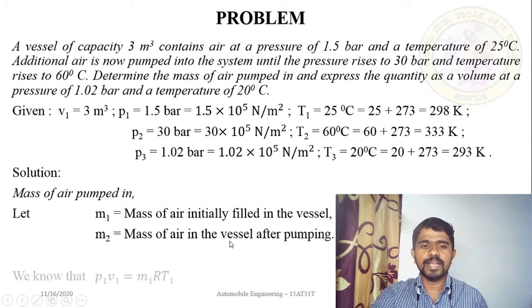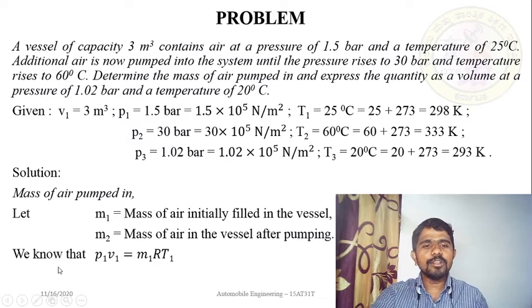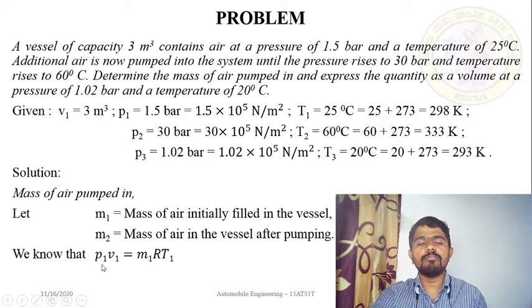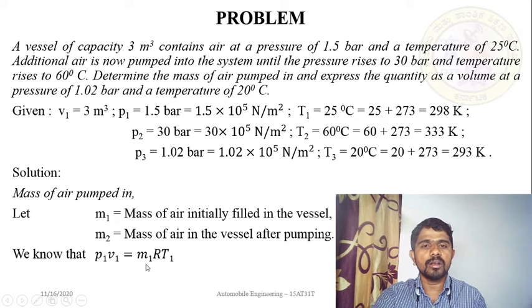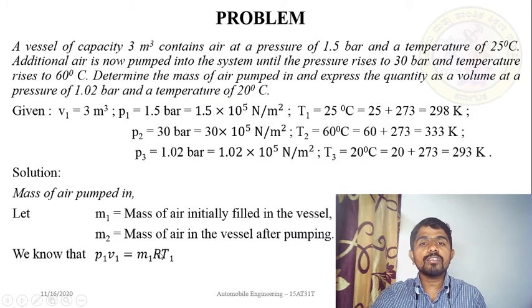Simple. Fine. Now we know the characteristic gas equation, which is P1 V1 equal to M1 R T1. Do you know the value of P1? Yes, you know. Do you know the value of V1? Of course. M1 is unknown. Of course, it's the required data. R is the gas constant.